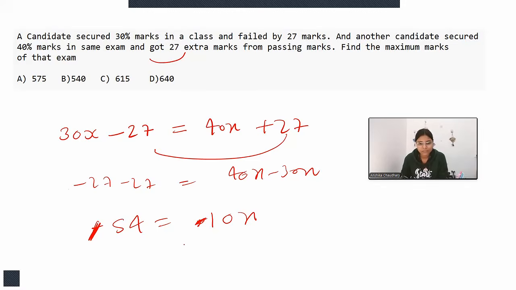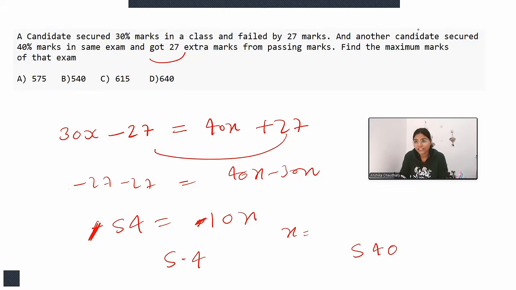So here what will it become? Now here it will come as 5.4, right? The x value will be 5.4. And we have considered x as percentage, so it is 100. So if we multiply 5.4 into 100, it will become 540, right?